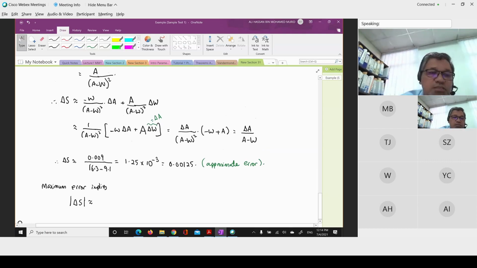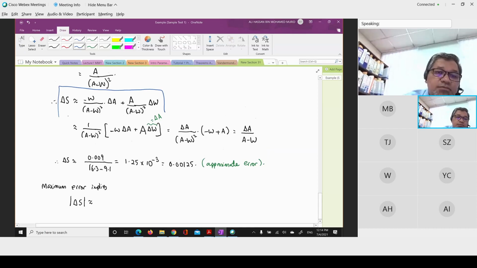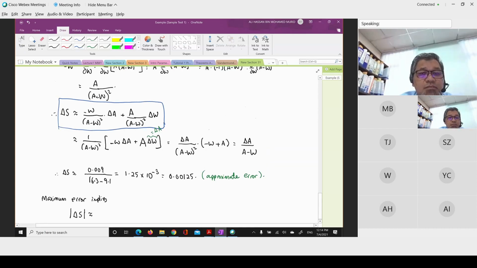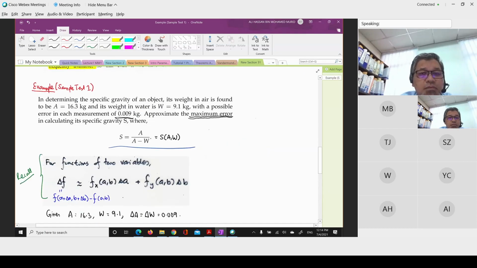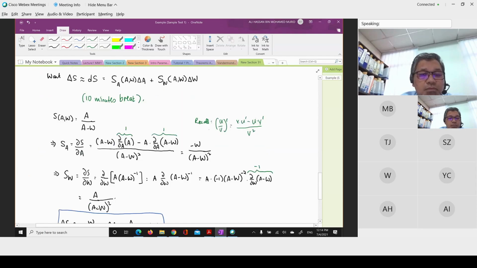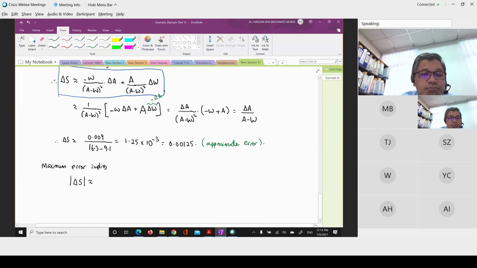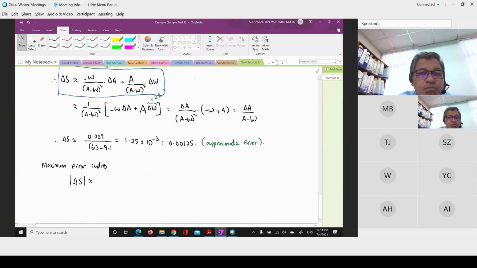Look at this expression here. Maximum error. A minus W, then it can be written in this form. Take the absolute value.